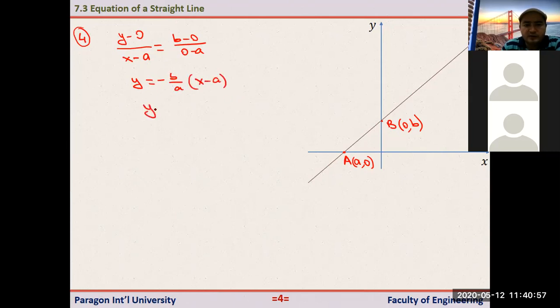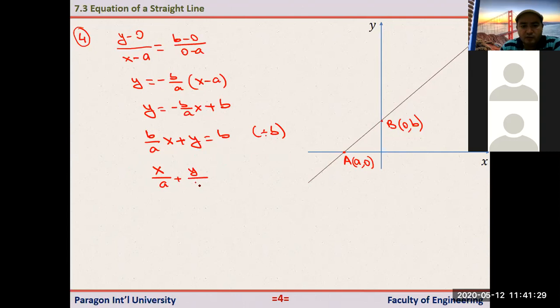Or removing the brackets, we have minus b over a times x plus b, since the a cancels. Let me take it to the left-hand side. Then we have b over a times x plus y is equal to b. Now if I divide both sides by b, or multiply by 1 over b, here we have x over a plus y over b, and dividing the right side by b, we have 1. And here we have the intercept form. We got another form of the equation of the straight line.